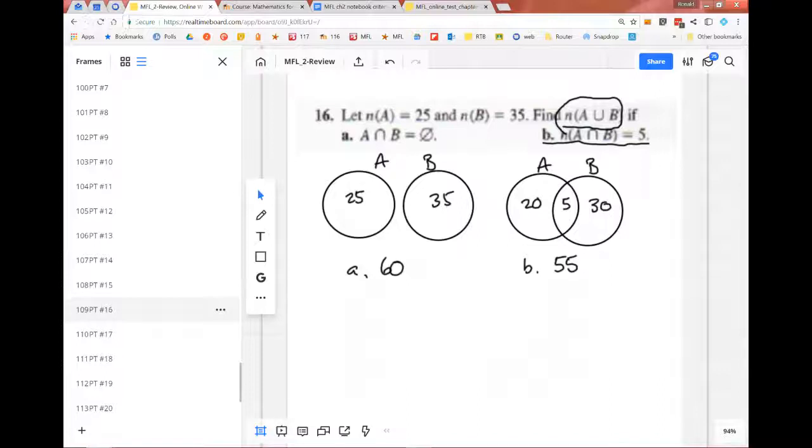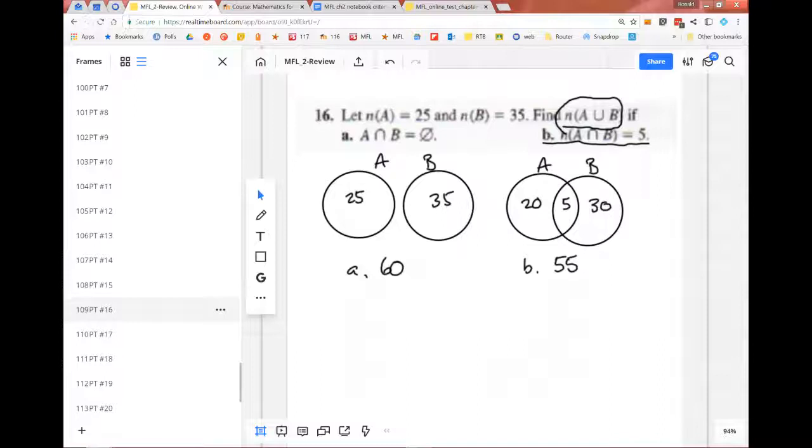Now, part B is a different question. Again, the number in A is 25, the number in B is 35. Again, find the number in their union, but this time the two sets overlap in 5. So now with the two circles, what do you begin with? You put that 5 in first.